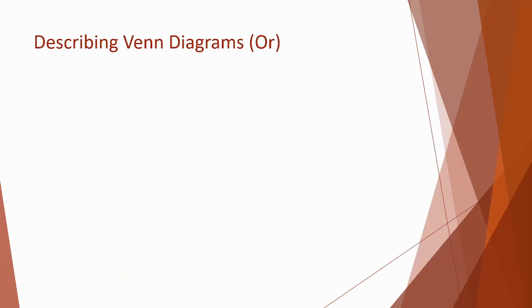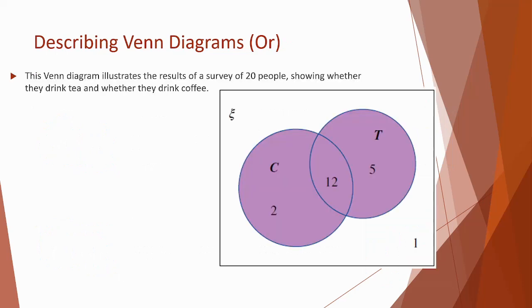The other way of describing events is using the OR operator. So here's a slightly different Venn diagram. We're looking at people who drink tea and coffee, and we can see that there are 12 people who drink both, 2 who only drink coffee, 5 who only drink tea, and 1 who drinks neither.